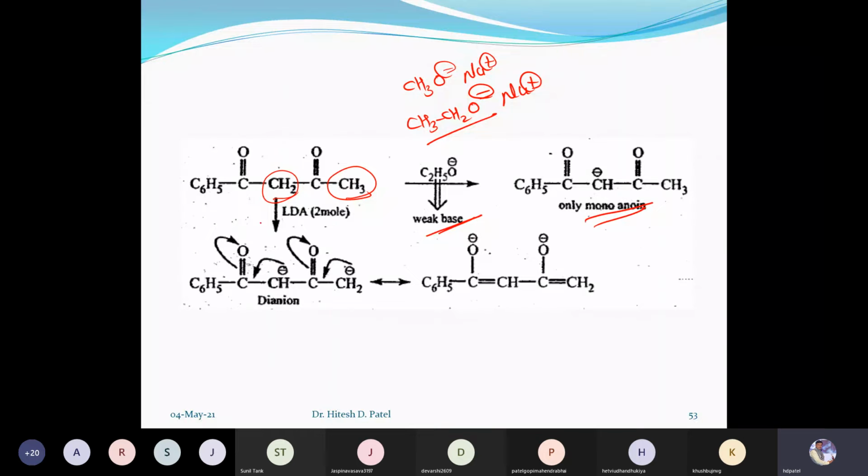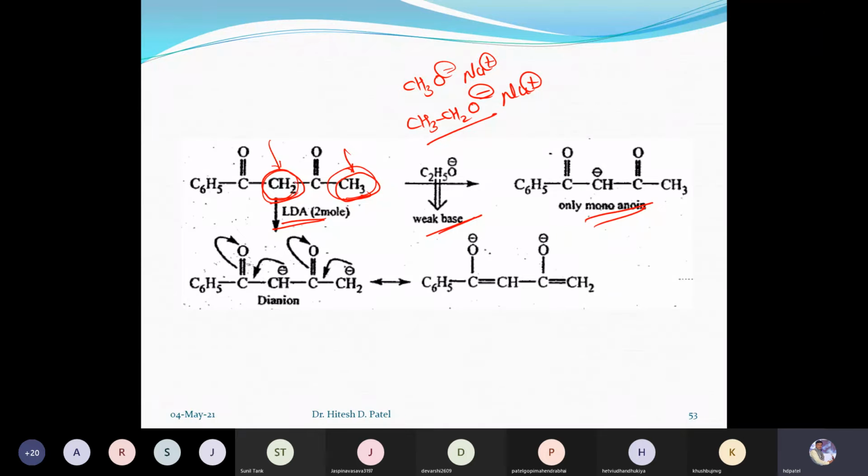But when we are using LDA, if we carry out the reaction with the support of LDA, then LDA will react with the proton of this carbon as well as the proton of this carbon. It means it will attack the methyl hydrogen, and it will also attack the methylene hydrogen.